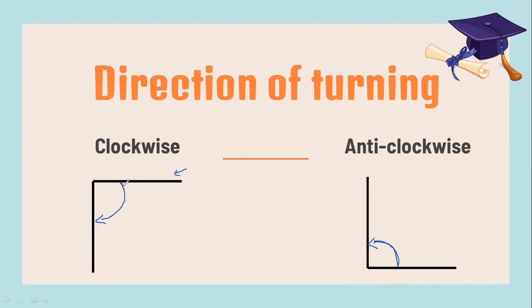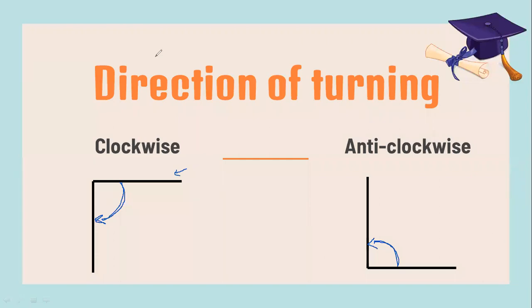This is clockwise. Can you see the difference about the direction? One of them moves to the right, jadi satu yang bergerak ke kanan, the other moves to the left, yang lainnya bergerak ke kiri. We say it is anti-clockwise. Okay, so those are the two directions of turning.